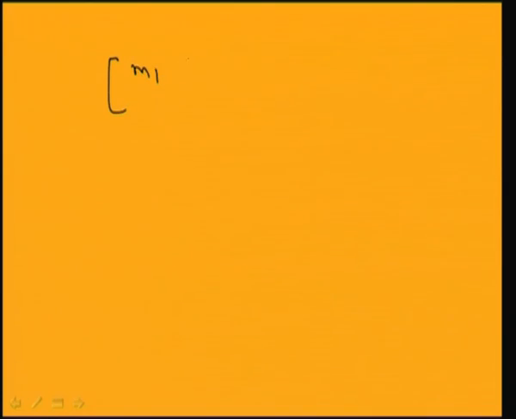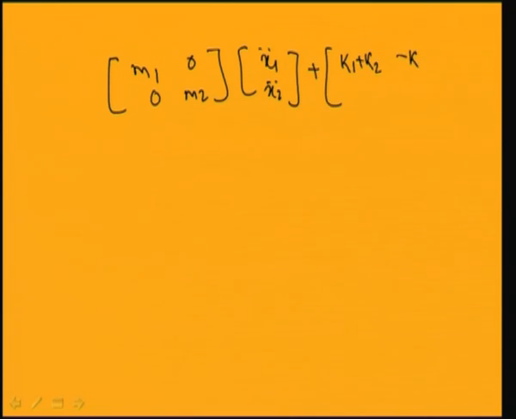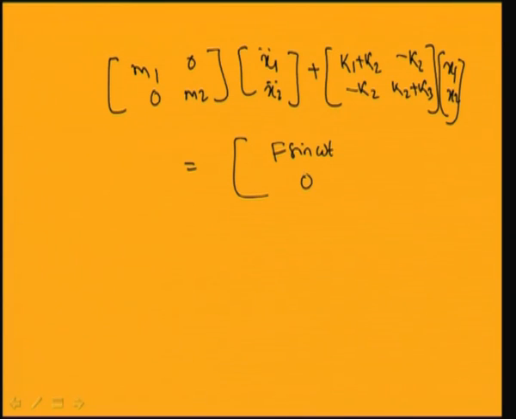So this is m1 0 0 m2 times x1 double dot x2 double dot, plus K1 plus K2, minus K2, minus K2, K2 plus K3, times x1 x2, will be equal to F sin omega t, 0.